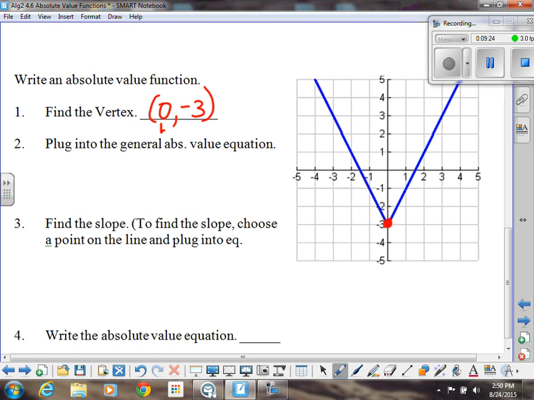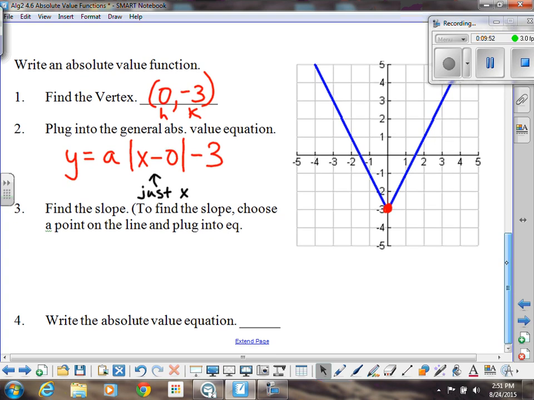Remember, this is H and this is K. So my equation is y equals, we'll figure out A in a little bit, and then we're going to have x minus 0 in absolute value, and then -3 is my K. Now keep in mind that x minus 0, that's just x. So I'm just going to have x in the absolute value when we make our final equation.